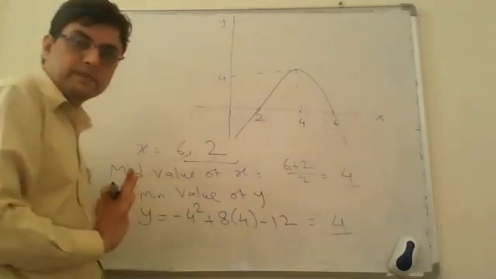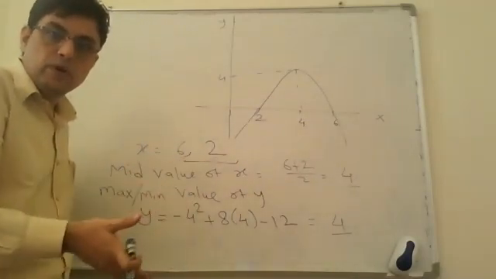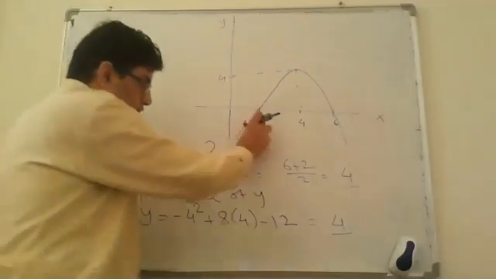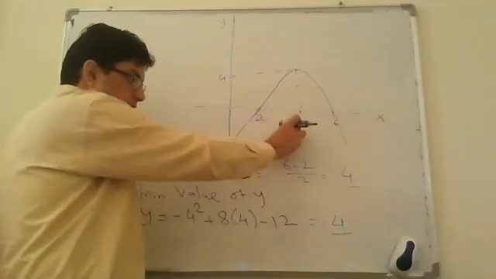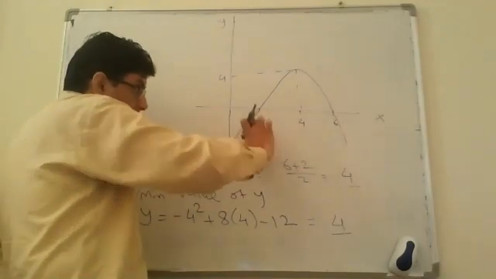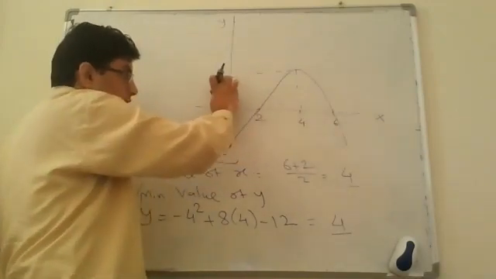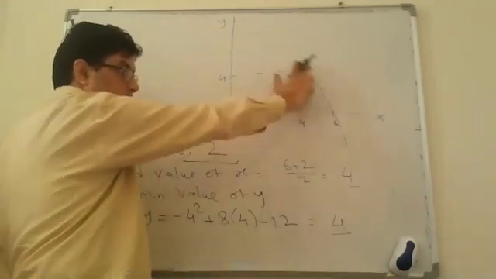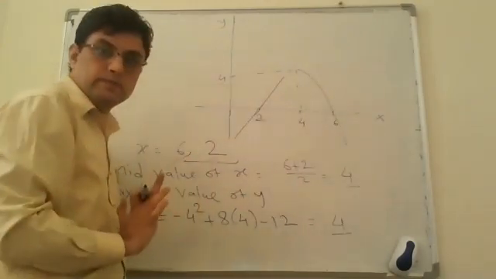It depends on the values, and we will have another example in the next lecture. So two values put here. The middle is the middle, and at the middle the curve goes to a peak at 4, because this is the maximum value.